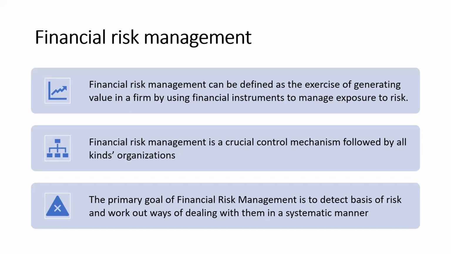Now, when you're thinking about financial risk, it is necessary that you identify the base of risk: from where, and on what basis the risk may arise. Depending upon that, you can follow different ways and try to avoid the risk.